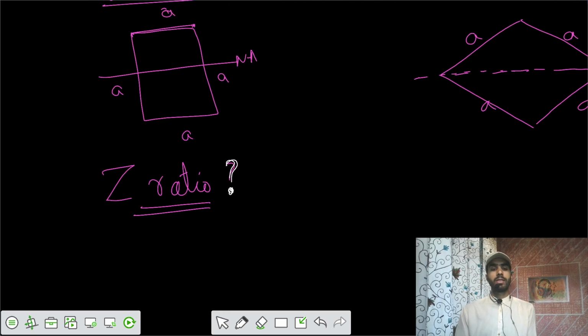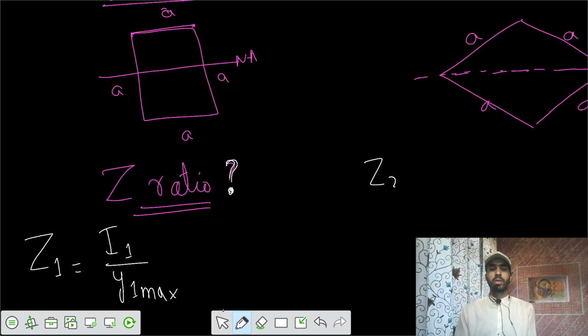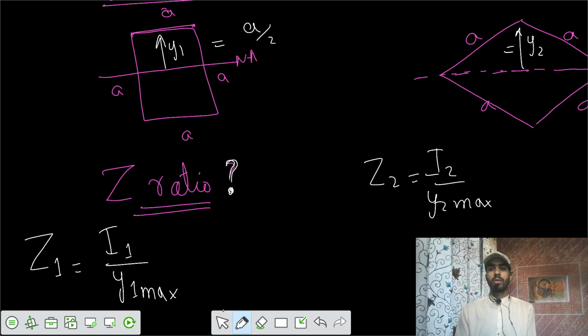So if you calculate the value of Z for the first one, Z1 equals I1 by y1 max, since I neutral axis is I1 by y max, and Z2 equals I2 by y2 max. Let's say this is y1 max and this is y2 max. So y1 equals a by 2, and y2 is, if you have this triangle, this is a and this is 45 degrees, this is a by root 2, this is also a by root 2.